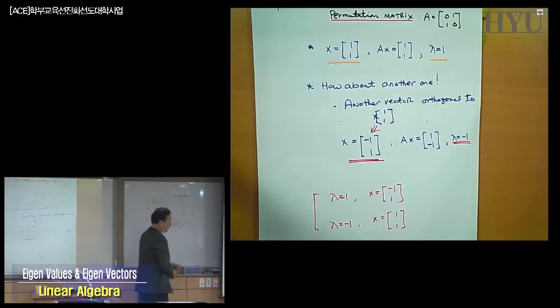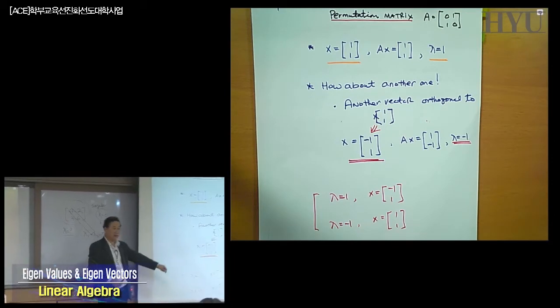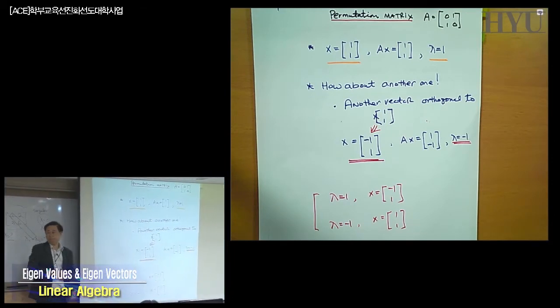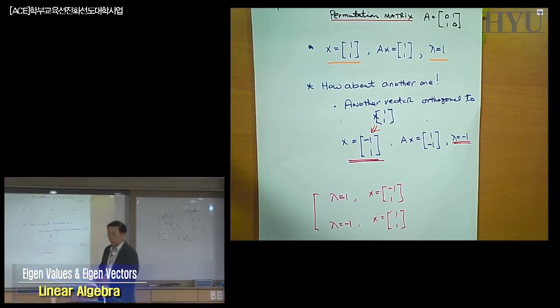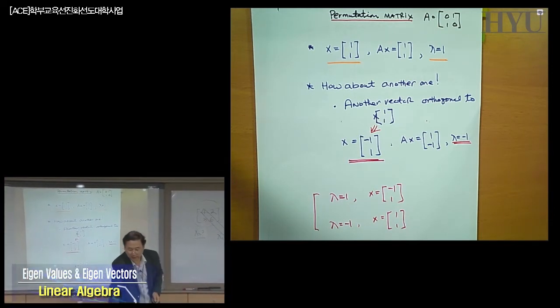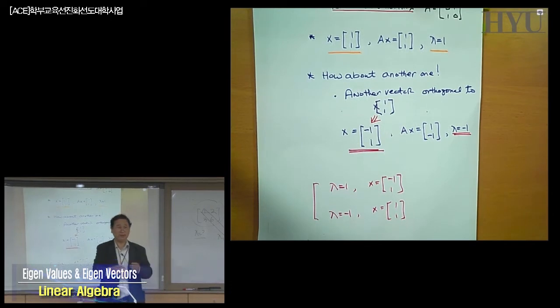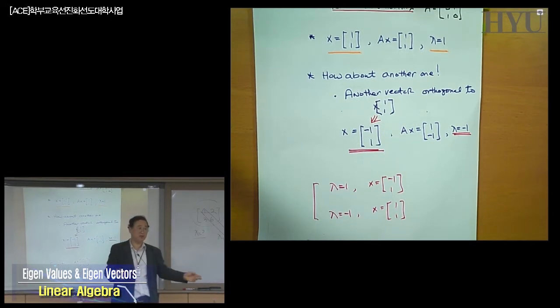Do you notice any property between this first x and second x? Like one of them is minus 1, 1, the second one is 1, 1. So can anybody notice any relationship between the two vectors?